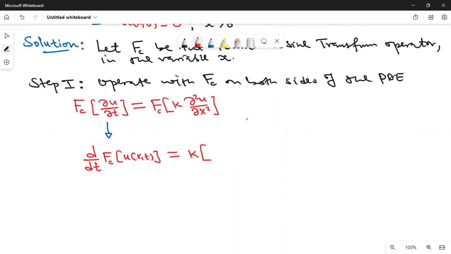So you need to ask yourself, what is the Fourier cosine transform of the second derivative of u with respect to x twice?